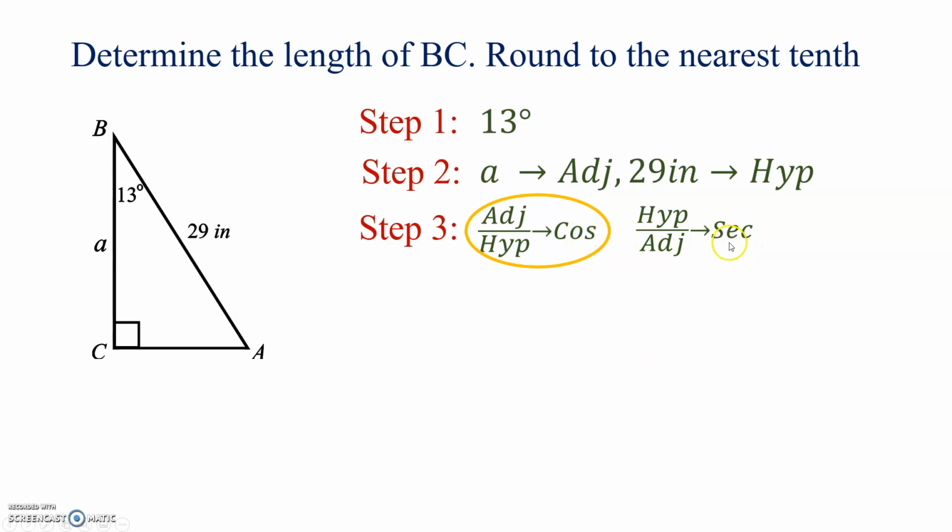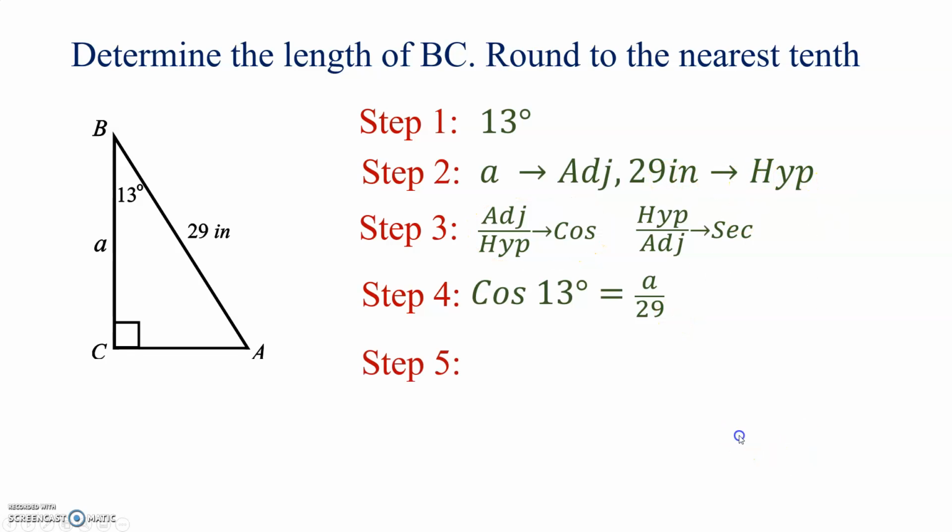We could choose secant, but it'll be a little bit more involved to get to our answer. Step 4 says put it into the general format. Trig function followed by the acute angle equals the ratio of sides. So we already determined we're going to use cosine as our trig function. Step 1 told us the acute angle, 13 degrees. There's the equal. And step 3 showed here's the ratio we're using. Adjacent, which is A, hypotenuse, which is 29.